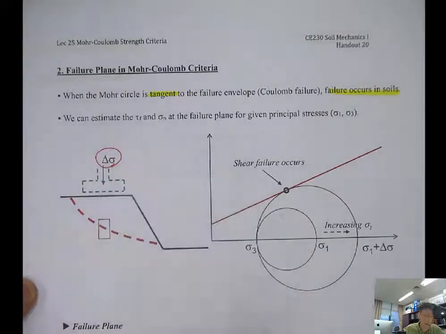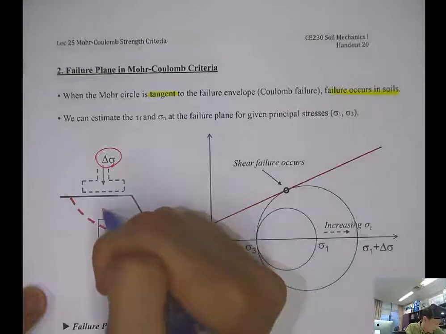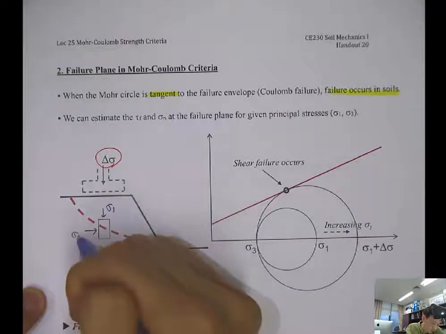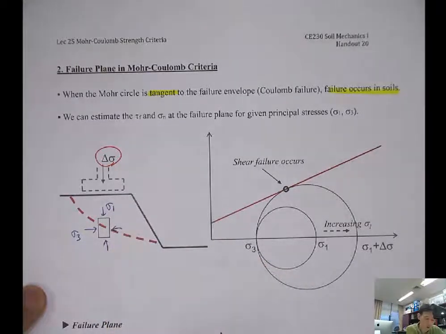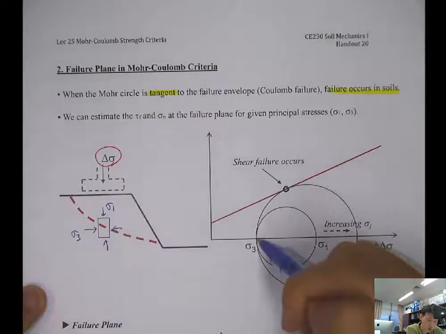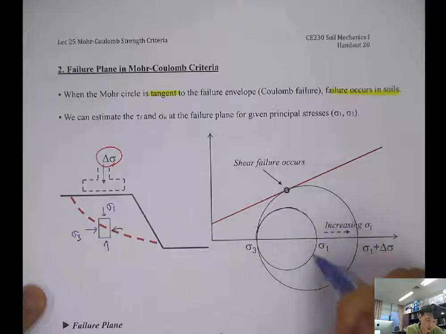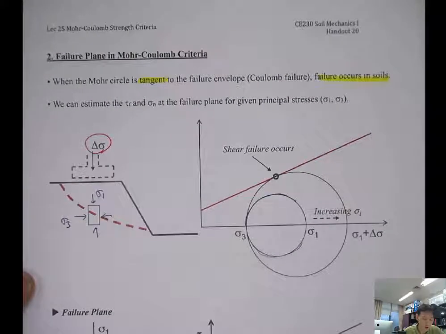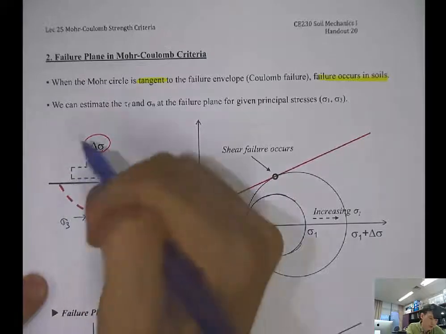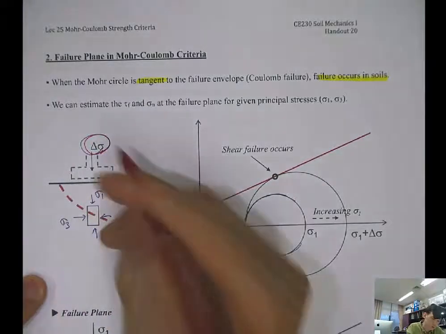The total stress, delta sigma, will increase over time as you go to the first story, second story, third story, higher and higher. Initially, the stress state sigma 1 and sigma 3 was applied on this soil mass, and this makes a small Mohr circle like here.